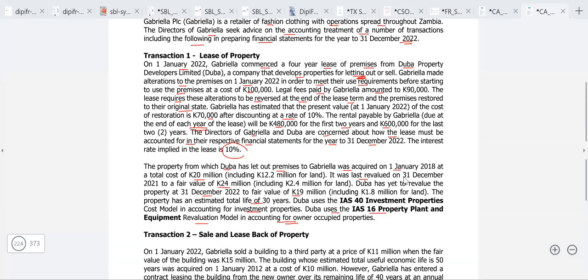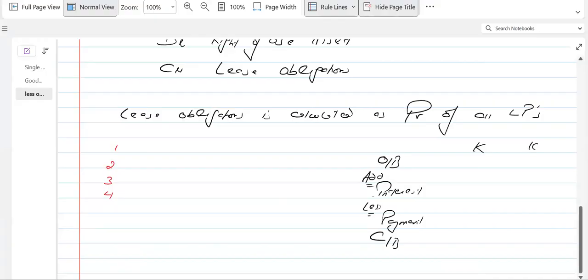Regarding the lease payments, we have the data over here. It says the rental payable by Gabriela due at the end of each year of the lease will be K480,000 for the first 2 years and K600,000 for the last 2 years. So these are the years, and then we have the cash flow, and then the discount factor using the implicit rate, and then we get the present value.